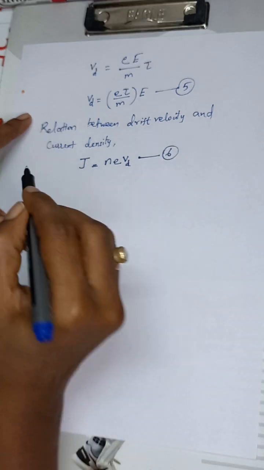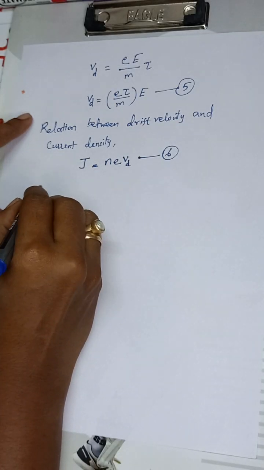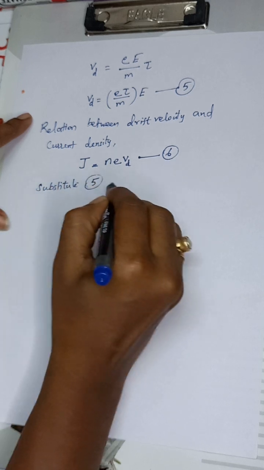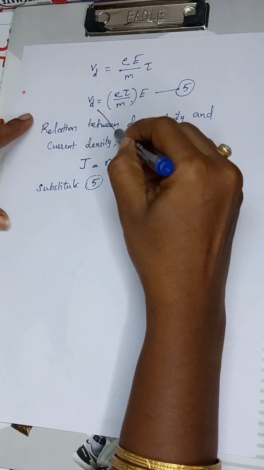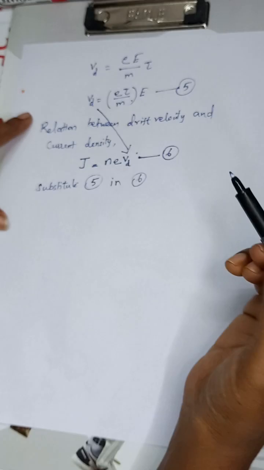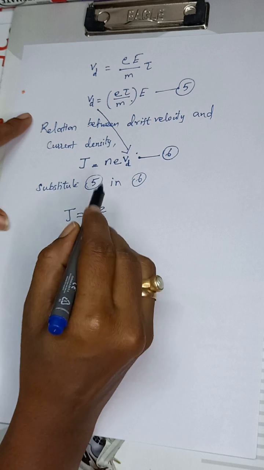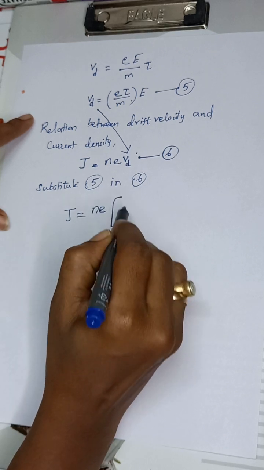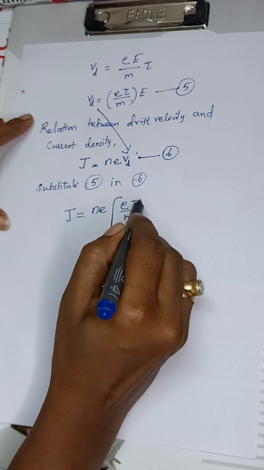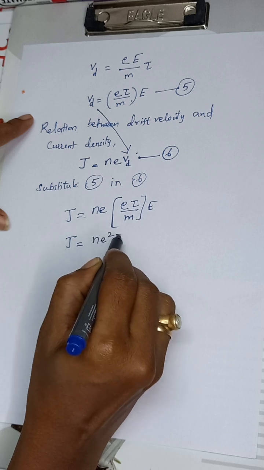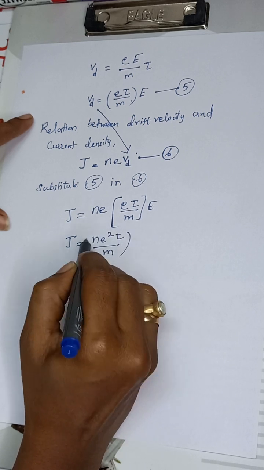Equation number 6. Substitute equation 5 in equation 6. So J is equal to n e Vd, replace Vd as e tau by m into E. So J is equal to n e square tau by m into E.